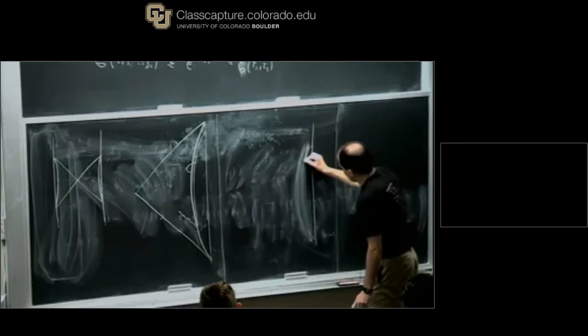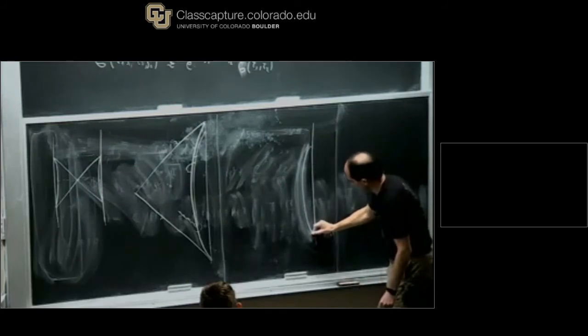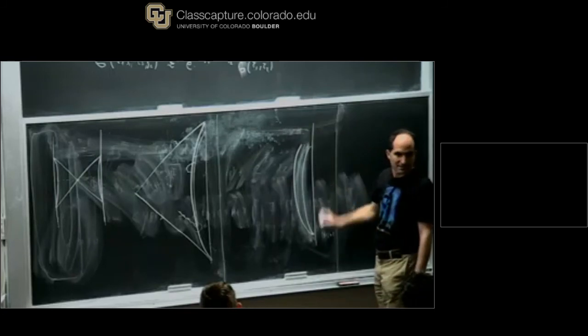This was one trajectory that was coming back from the future. Now we insert some operator. When we go back to the future, it's at some other position. Okay. That's clear.